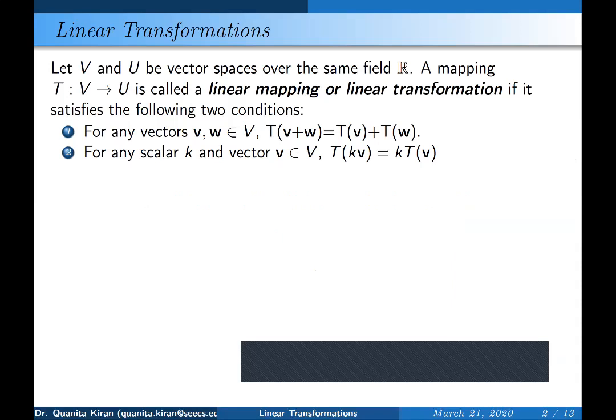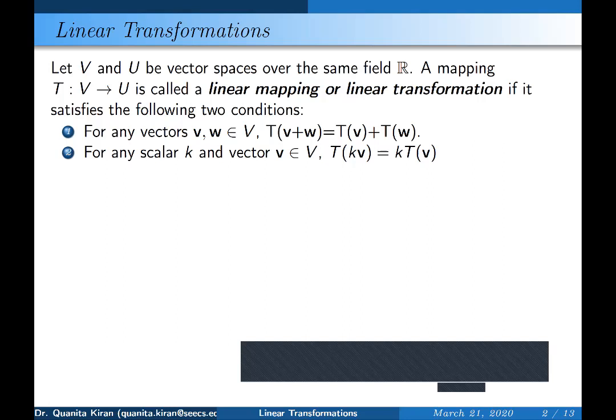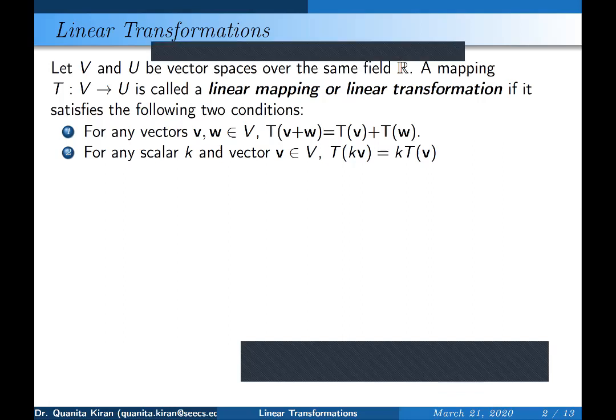A transformation is called a linear transformation if it is between the two vector spaces V and U. So a linear transformation is a mapping between two vector spaces V and U, and it is called linear if it satisfies the two conditions. Now these two conditions are written here.